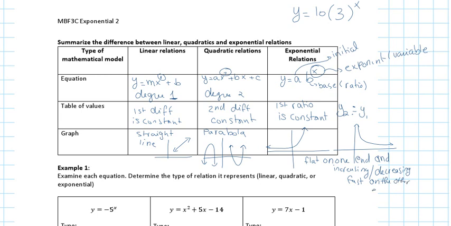Is there a name for that? We will call it exponential growth or exponential decay.